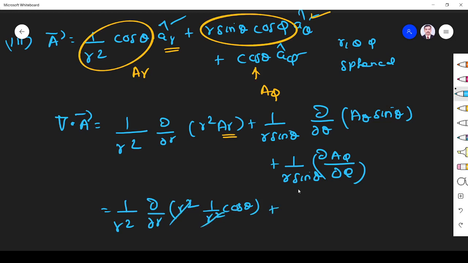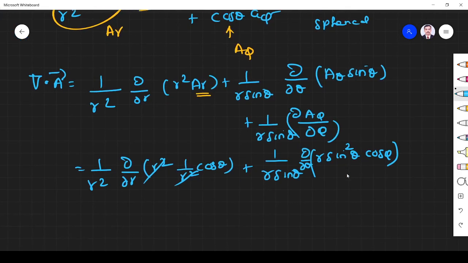Plus differentiate cos theta only. 1 by r sin theta, right? Dou by dou theta. A theta is this one: r sin theta cos phi into sin theta. So it will become sin square theta. Fine. Plus 1 by r sin theta dou by dou phi.